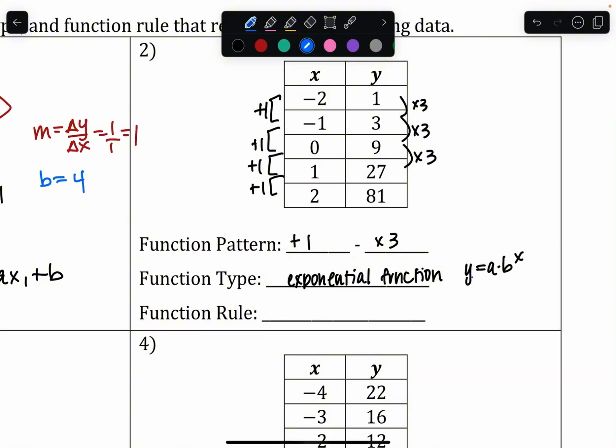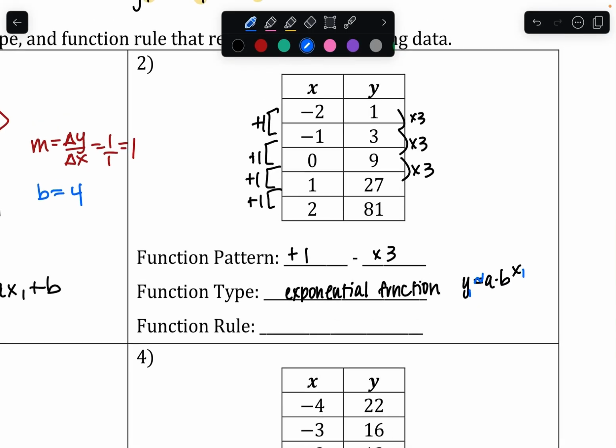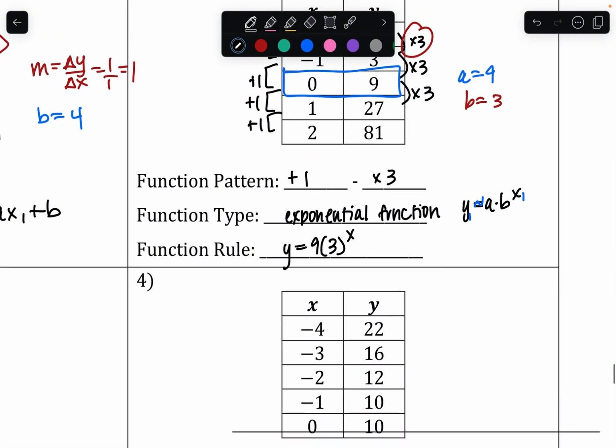And so for Desmos, y1 tilde, and then add the 1 to the x. But we know from our work with exponential functions that our a value is the y-intercept, and our b value is the common ratio. And so without using Desmos, we can write 9 times 3 to the x, a times b to the x.